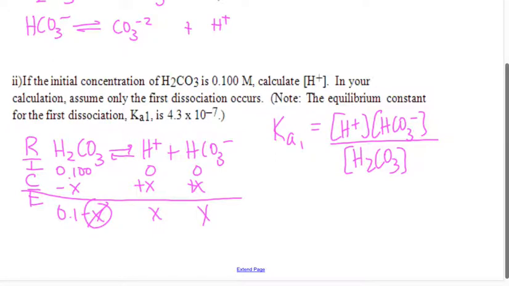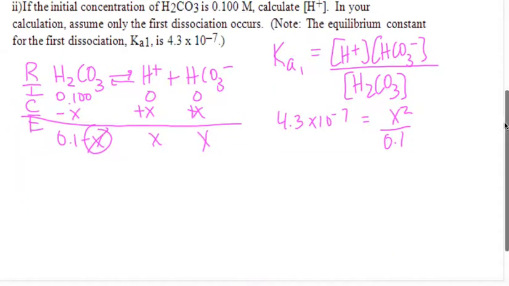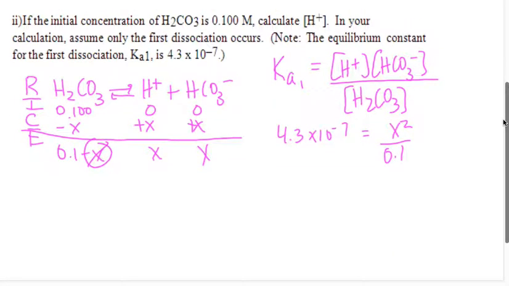So I'm going to plug in my Ka1 of 4.3 times 10 to the negative 7th equal to X squared over 0.1. So the question is asking for the concentration of H plus, which is equal to X. So X is equal to H plus, which is what value?